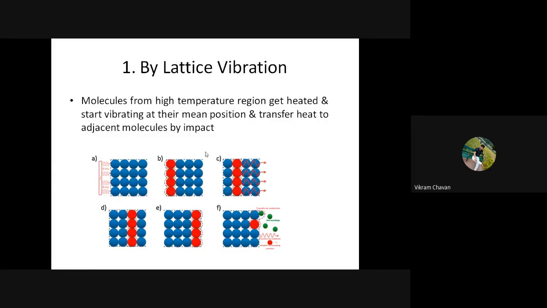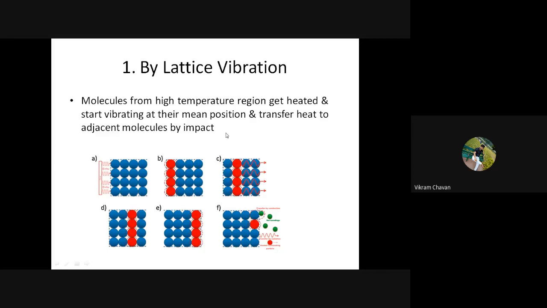While vibrating, they collide with adjacent molecules, and during that collision they transfer heat to the adjacent molecules. This process carries forward and transfers heat from one region of a substance to another.